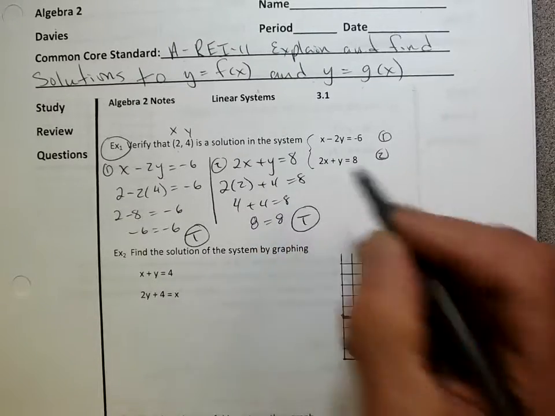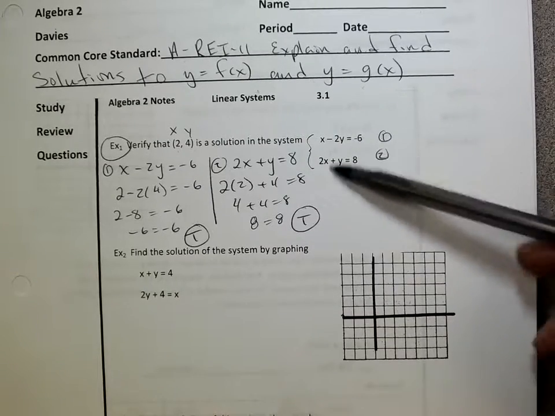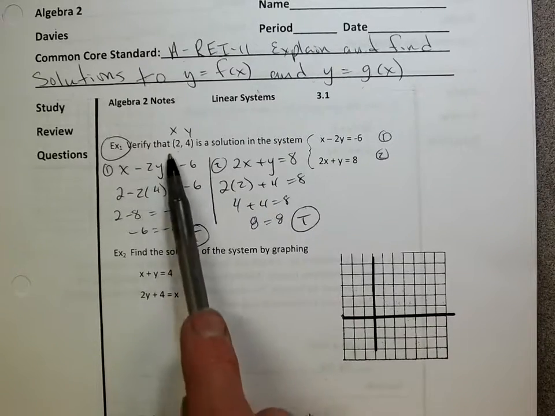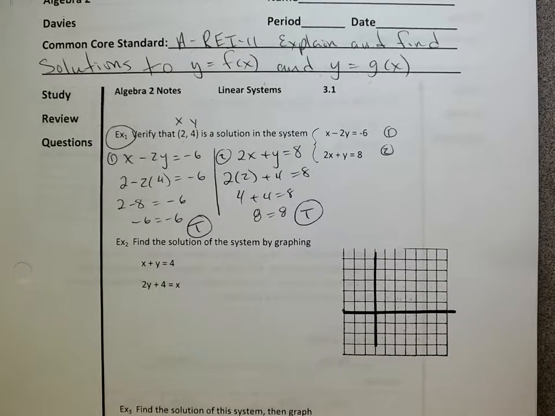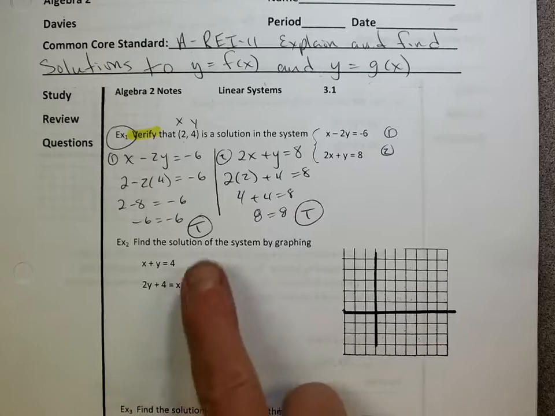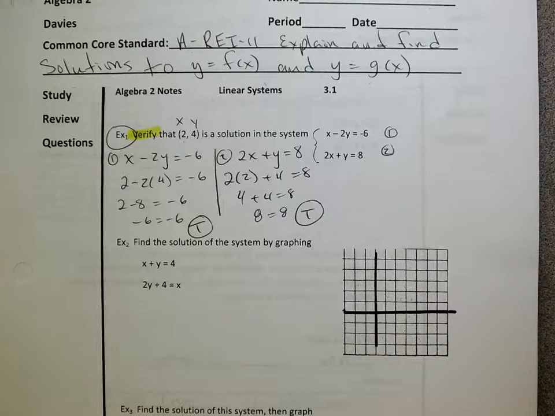What this tells me is 2, 4 is the solution for these two lines. So if I were to graph these two lines, they would intersect at the point 2, 4. That's how I verify it. So to verify it, I plugged it in to both equations. I needed a true statement on both sides. Okay? Thumbs up? That seem pretty easy?